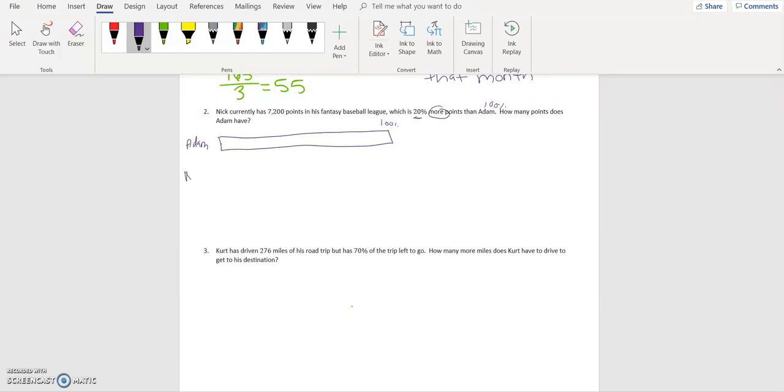And Nick has more than Adam. He has 20% more than Adam. So Nick has 7,200 points. Okay, and he has 120%.